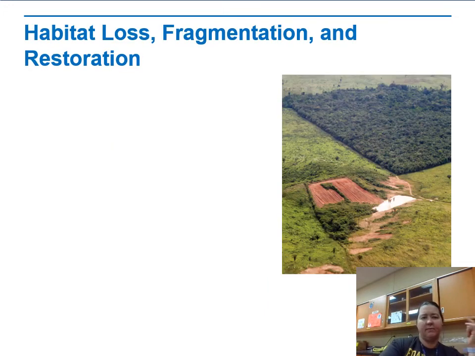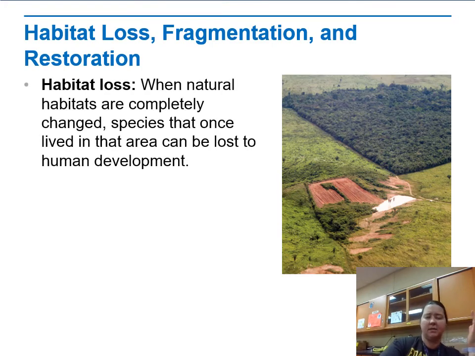Habitat loss and fragmentation and restoration. Habitat loss is when we lose habitat, when natural habitats are changed, and so therefore species change. One of the things I did when I was in college is I did research for a Christmas tree farm that no longer wanted to be a Christmas tree farm. So it was going to allow secondary succession to happen.